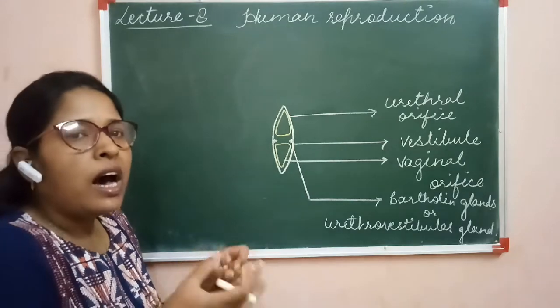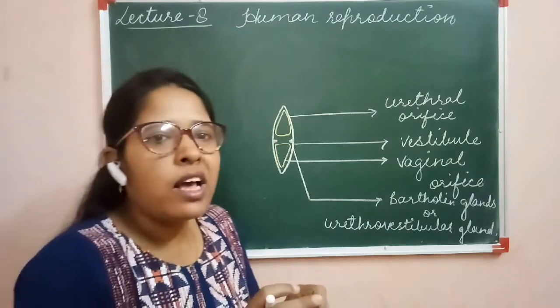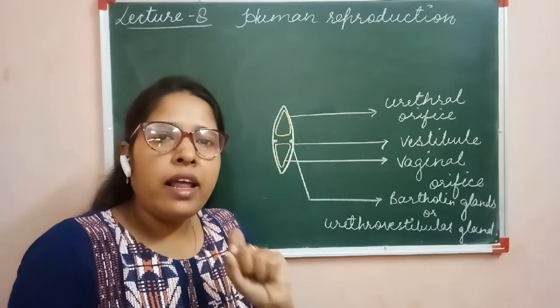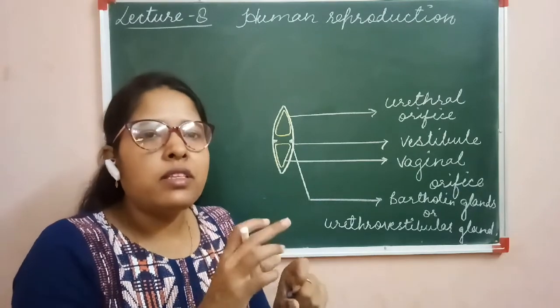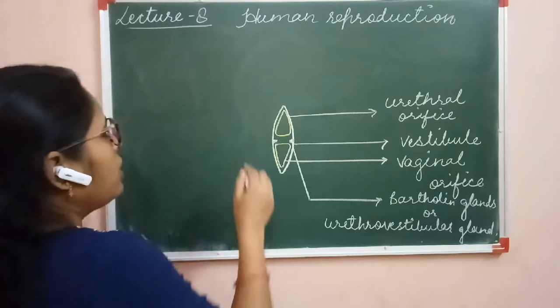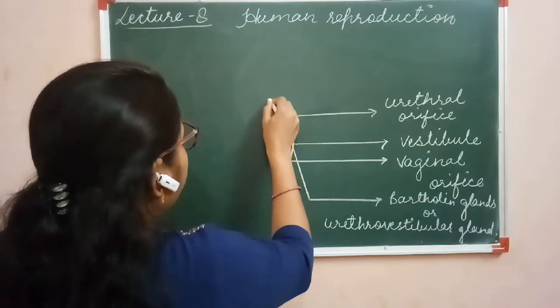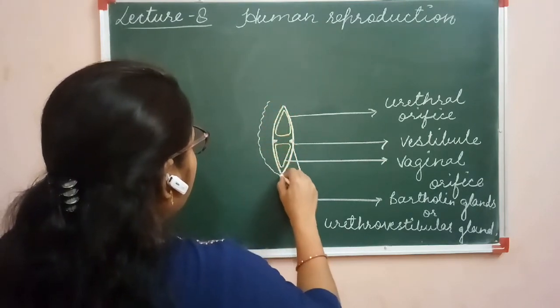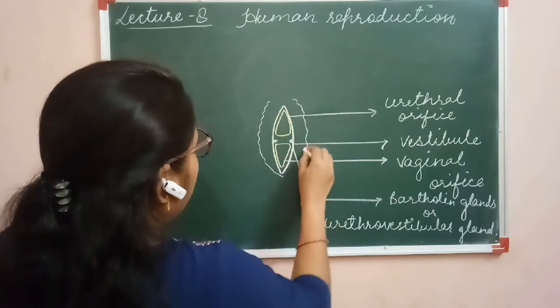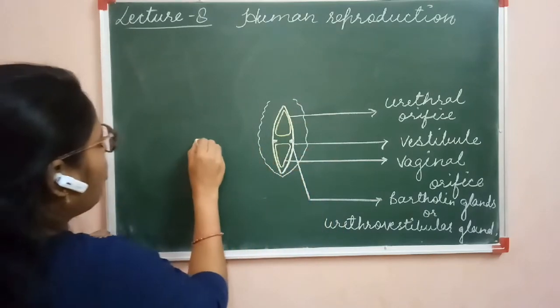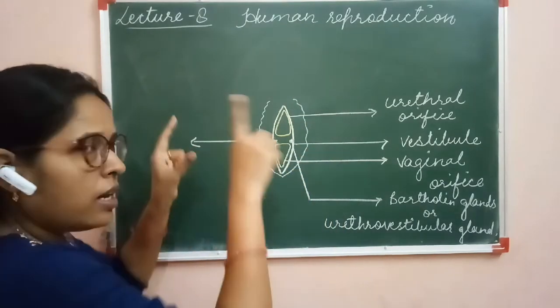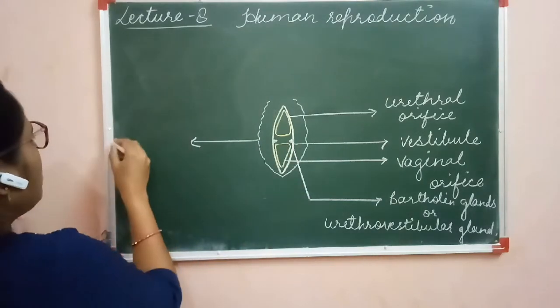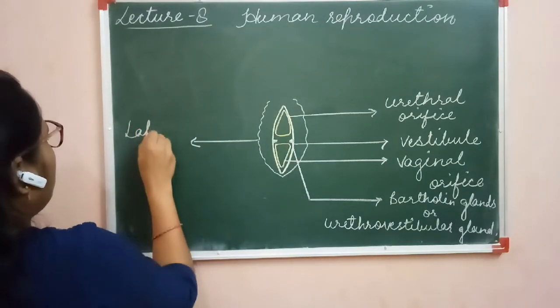The vestibule is covered with two lip-like muscular lobes. Clear? The lobes are lip-like, that's why they are called labia majora and labia minora. Labia means a lip-like structure. So this is the labia minora, a lip-like fold around the vestibule.